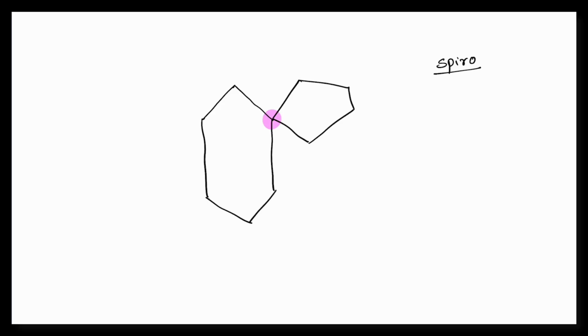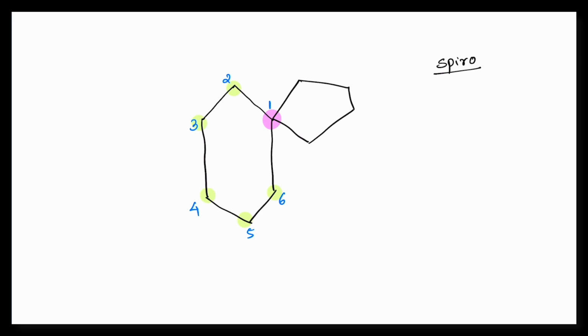Okay, so let's start by numbering these carbon atoms. The first carbon is the common one, which is here, so we will give it a number 1. Then we will move in the larger ring, so we can start from here, and we can see that in this path we encountered 5 carbon atoms.